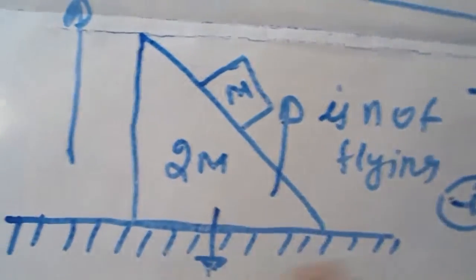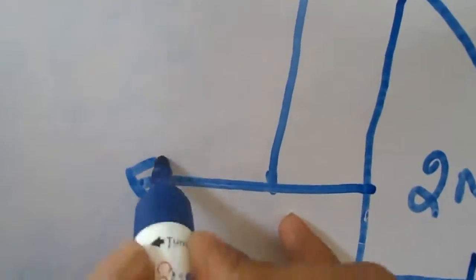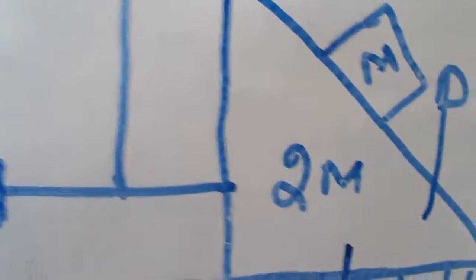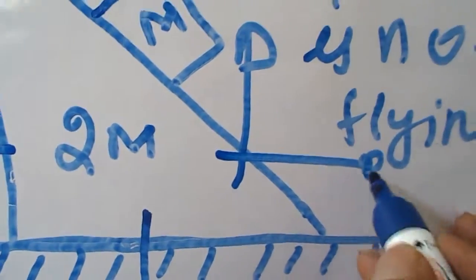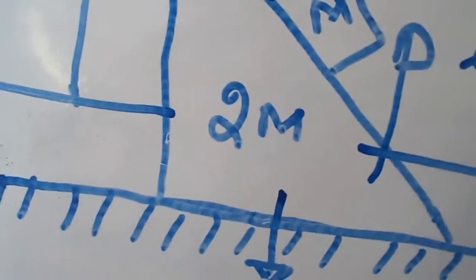It is not possible. What this wedge can do is move only in this direction or that direction, along the horizontal, along the ground. It is not going to fly.